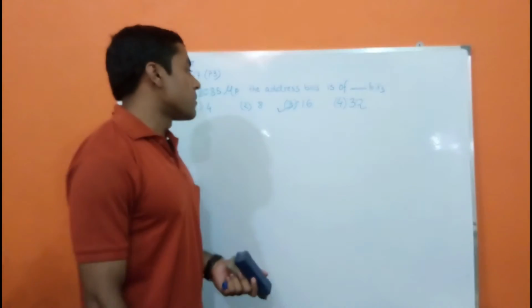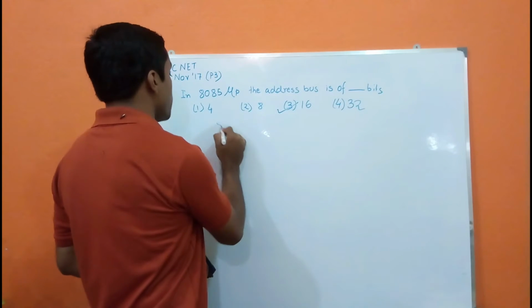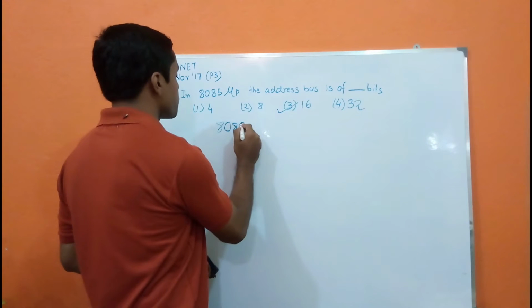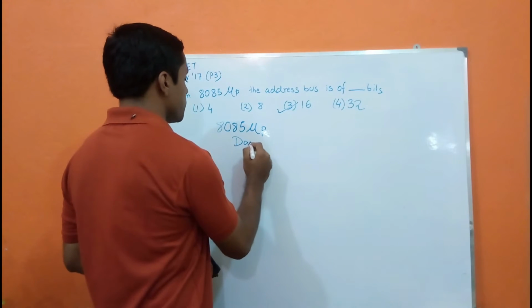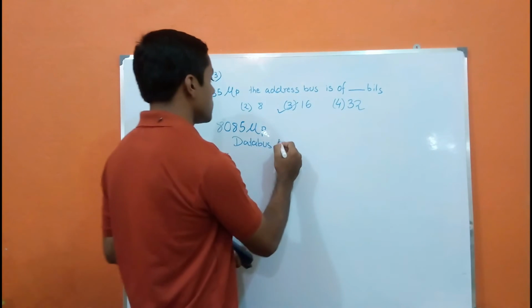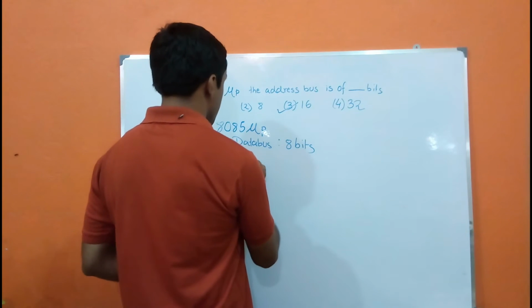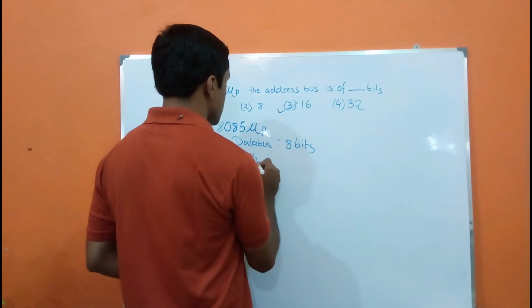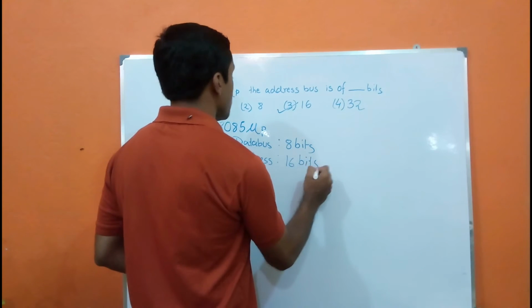For the sake of your knowledge, let me explain. In case of the 8085 microprocessor, the size of the data bus is 8 bits and the size of the address bus is 16 bits, right?